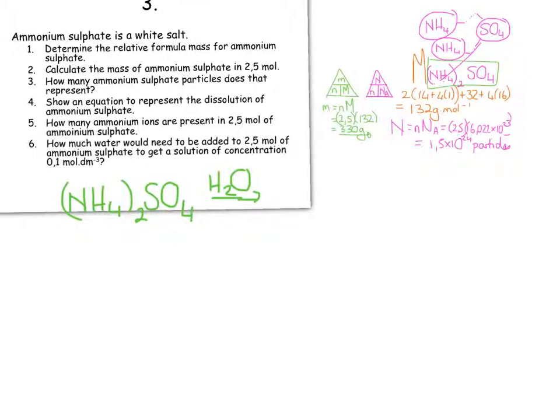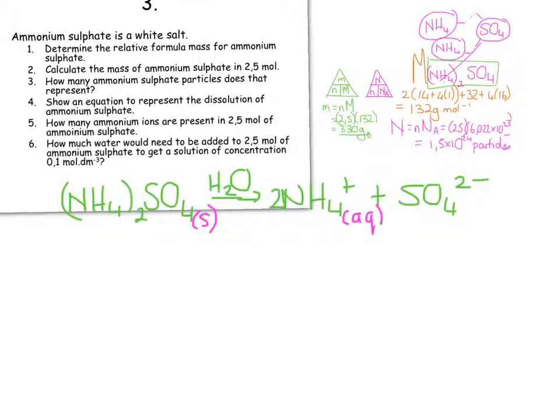And I represent that by saying NH4 plus, how many of them do I have? I have 2 of them, plus SO4 2 minus. I also need to put my phases in. This was a solid. The water is on the arrow showing that I've put it into water.